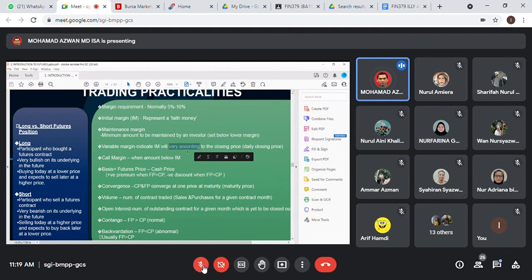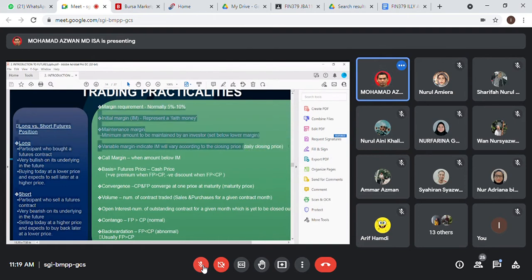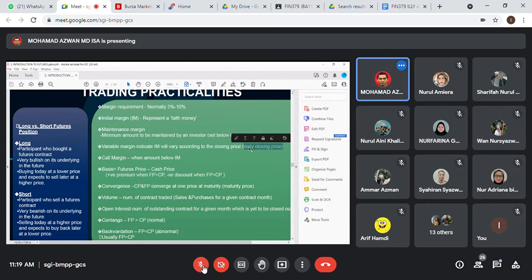Okay, Wednesday you profit 500. Okay, that is your floating profit lah. Floating profit or variable margin, because it is based on daily price, daily closing price. Okay. Okay tak?